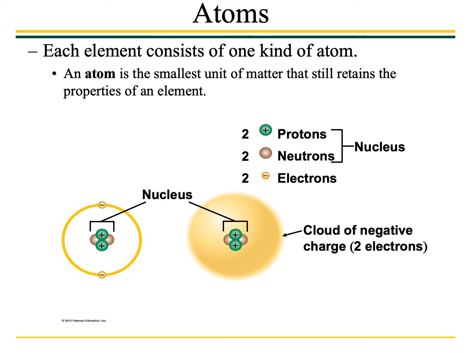Neutrons are neutral in charge, and protons are positive in charge. And again, these two subatomic particles make up the center or the dense nucleus of an atom. In addition to that, there's one other type of subatomic particle known as an electron, and an electron has a negative charge associated with it.